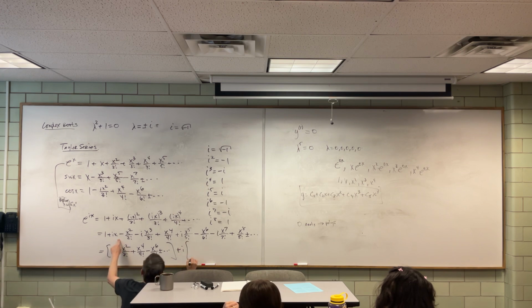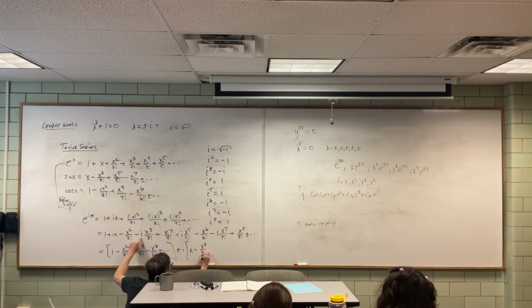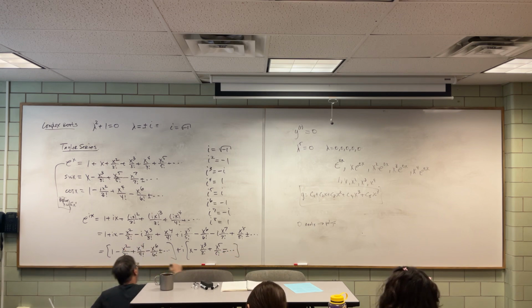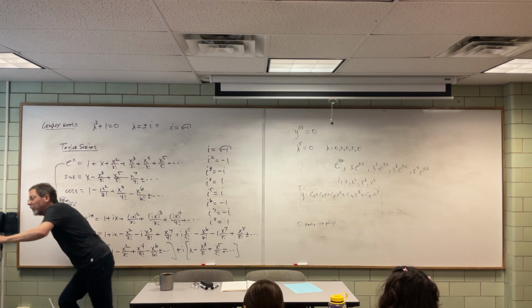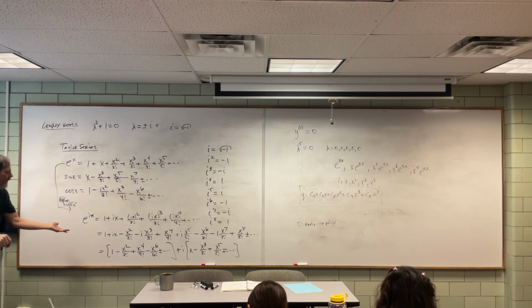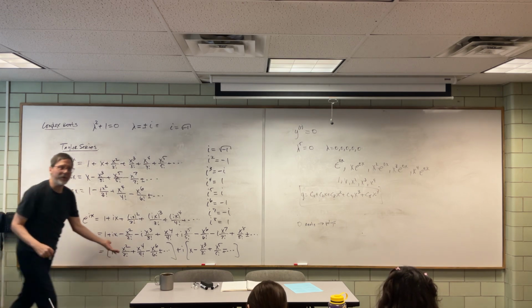I'm just going to pull that out in front. So I've got ix minus x cubed over 3 factorial plus x to the 5th over 5 factorial, minus, plus, happily forever, evermore. Can somebody tell me what I just wrote? Cosine plus i sine. This is cosine of x plus i sine of x.